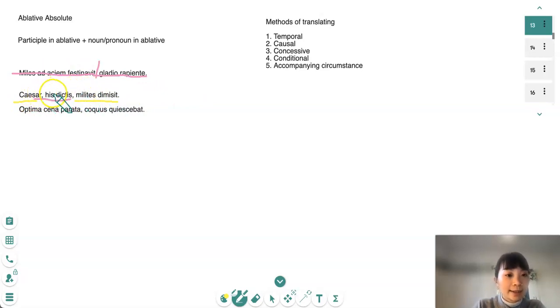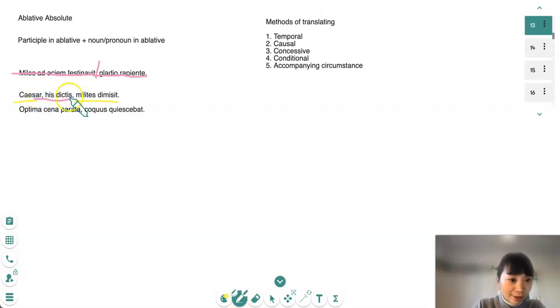And the his dictis, as we've mentioned earlier, demarcates something that has happened independently of the rest of the clause. Here it literally means with these things having been said. So perhaps in more natural English you might say when he had said these things or after he had said these things.